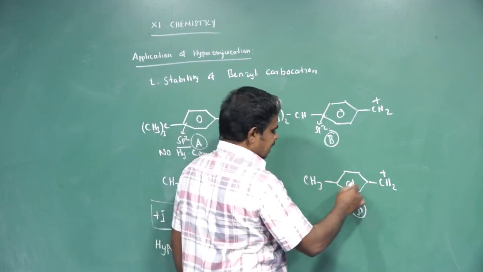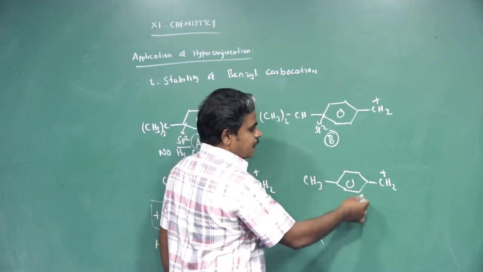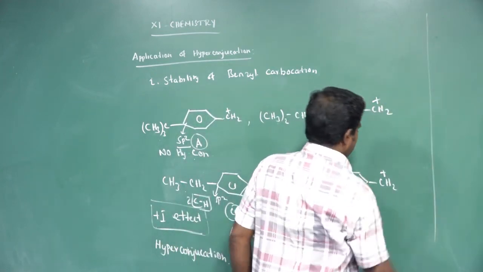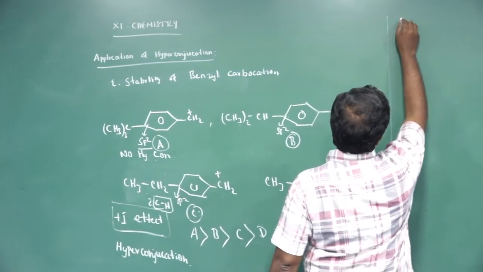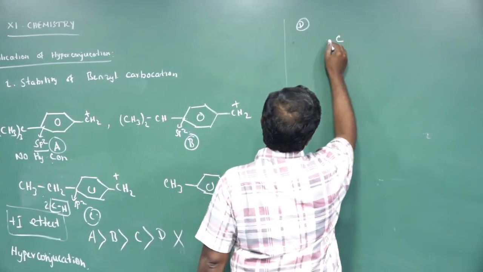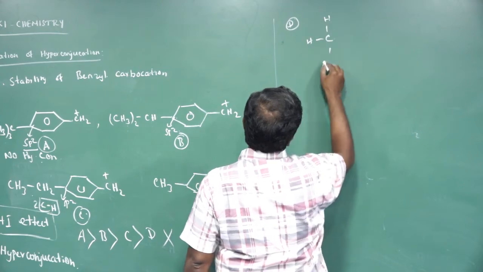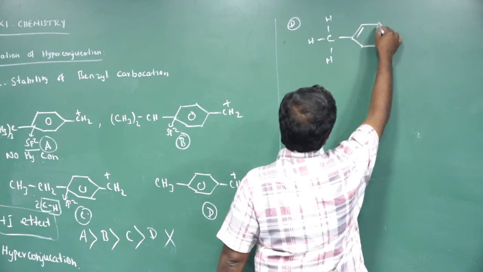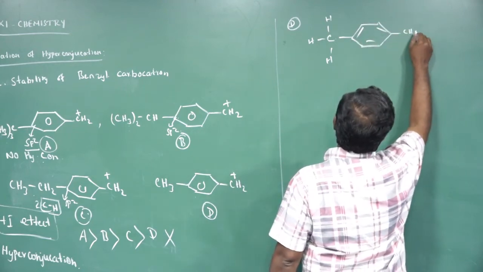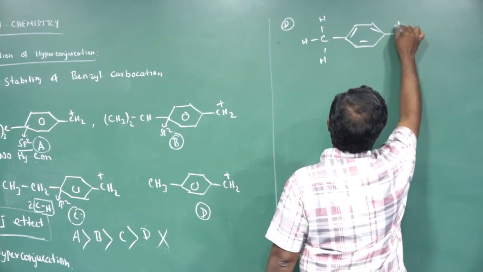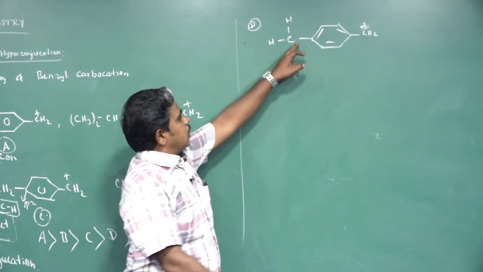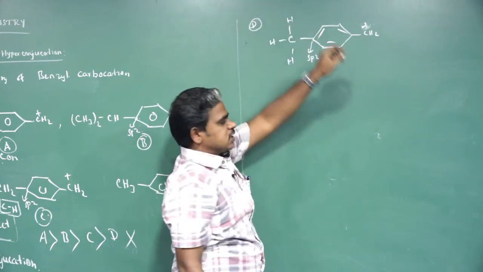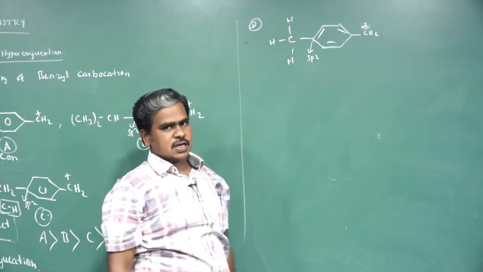In this case, three hyperconjugations are possible. For example, take option D, CH3 bonded with the phenyl group, and here CH2+. The carbon is sp2 hybridized, and adjacent to it there is a C-H bond.